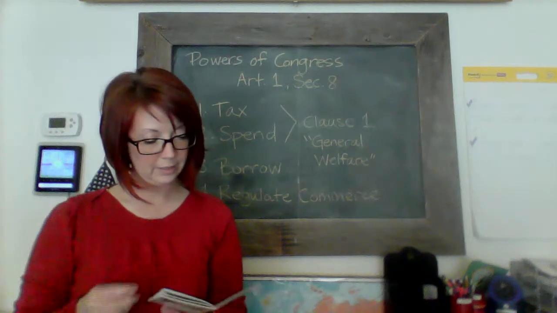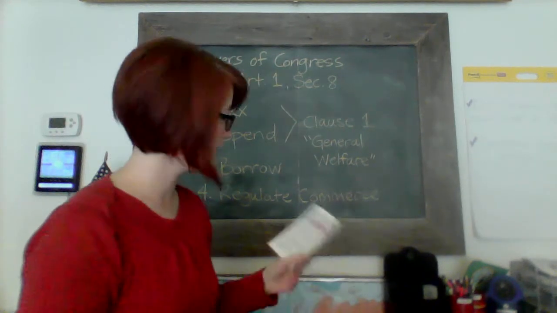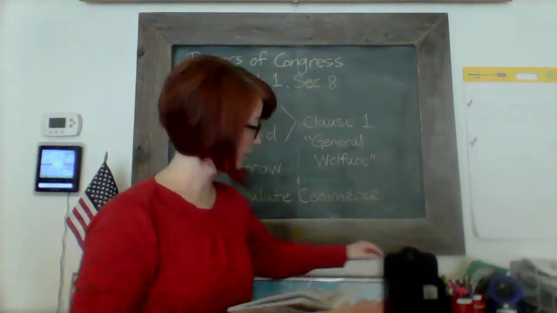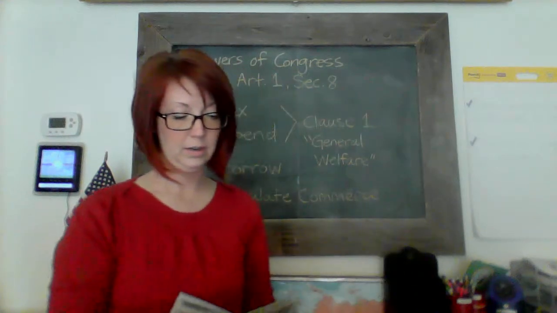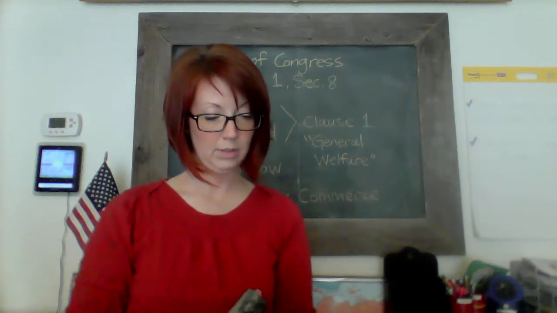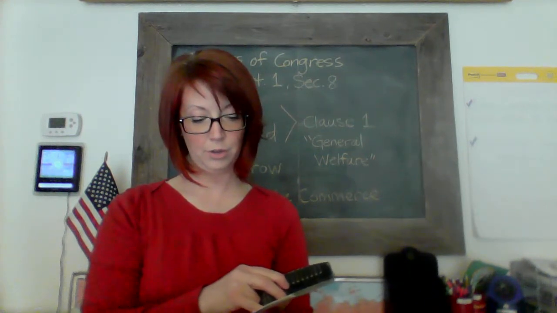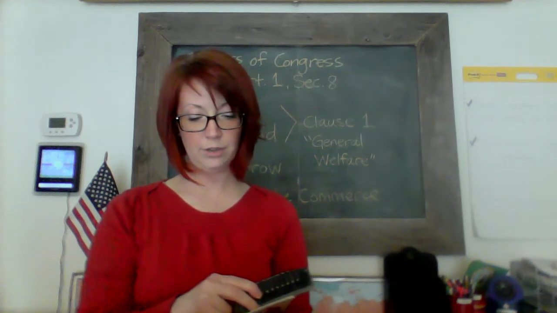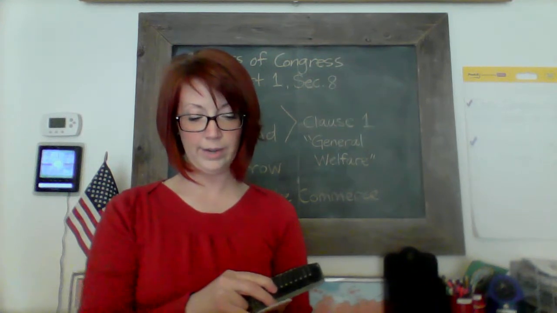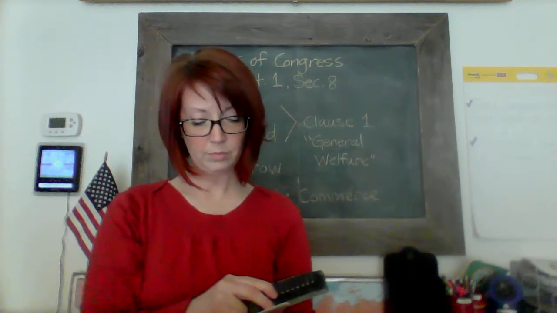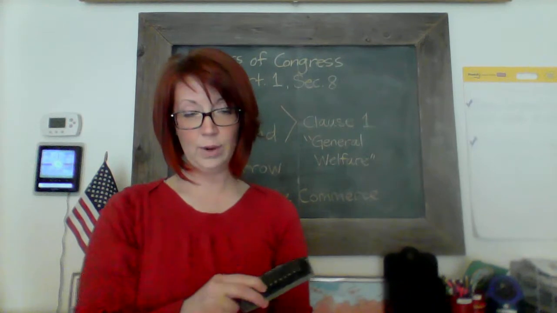Excuse me. All right, I'm going to erase this board, and our next clause is the power to coin money, regulate the value thereof, and of foreign coin, and fix the standard of weights and measures.